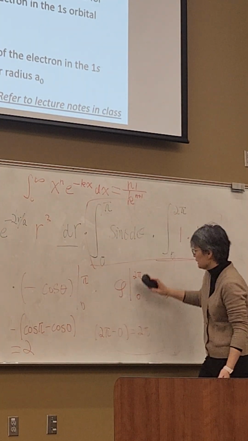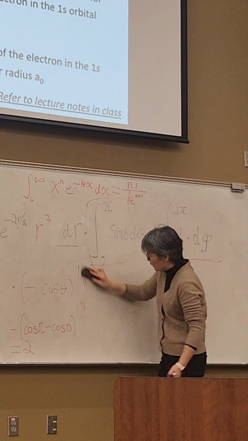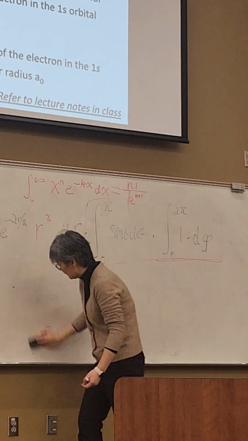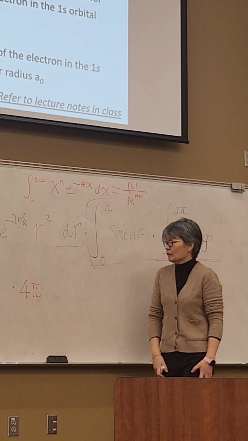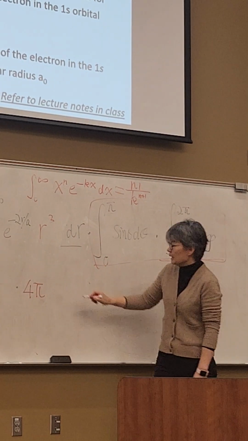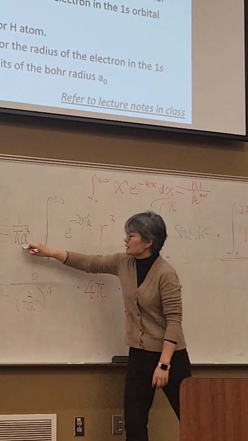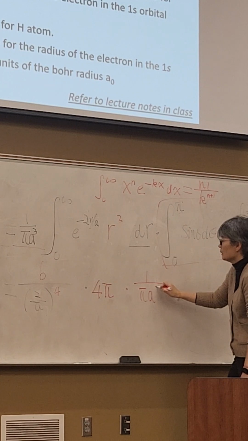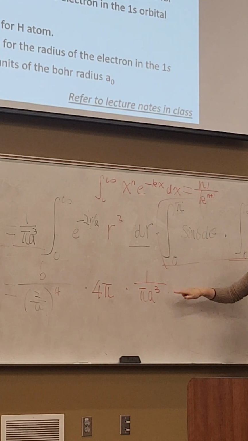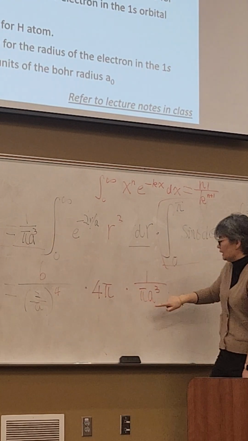Okay, if we all got this right away, I know I'm going a little bit slow, but I think it's a good thing. So this is really equal to 4 pi. And then what else I have is I still have this constant term, so I'm just carrying it over. Right, so I have a constant, didn't do anything.